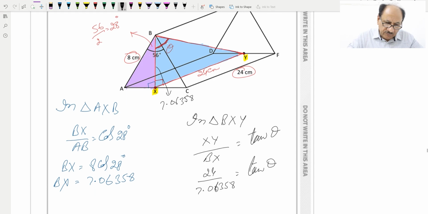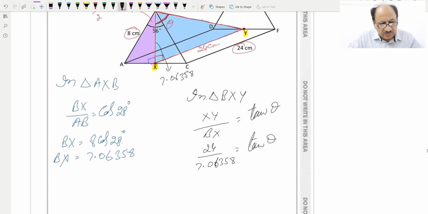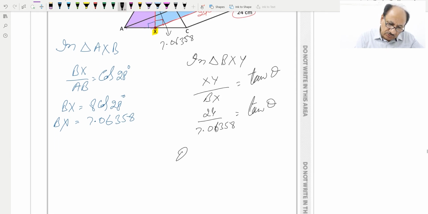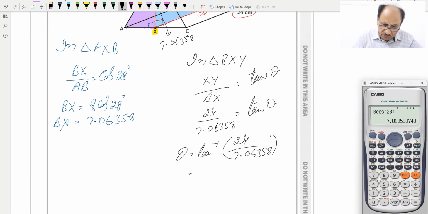And why are we taking tan theta? Tan theta will be opposite over adjacent. So theta is equal to tan inverse of 24 over 7.06358, and we can use the calculator. The number is already there, so shift tan of 24 over answer will give us 73.6.